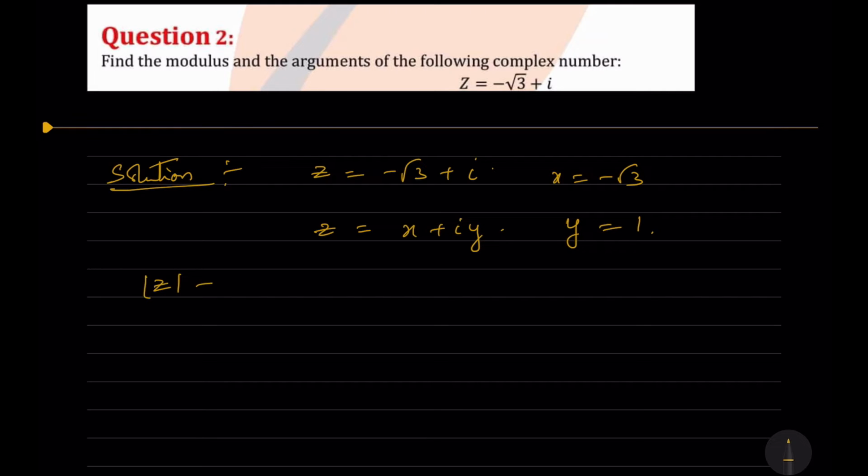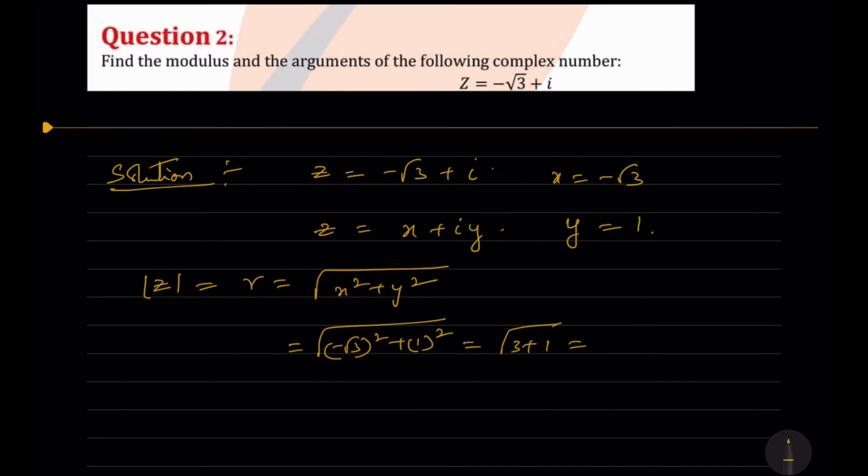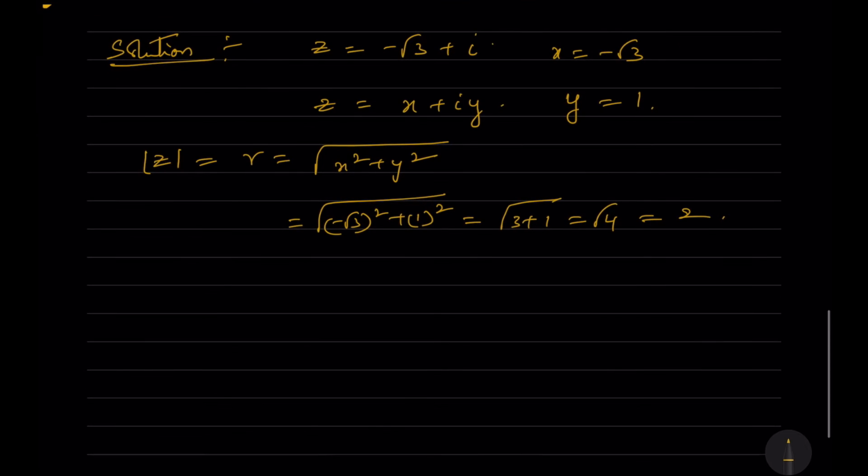Mod of z is equal to r, which is equal to under root of x square plus y square, which is root of minus root 3 whole square plus 1 square, which is root of 3 plus 1, which is root 4, which is 2. So mod z is equal to r is equal to 2.